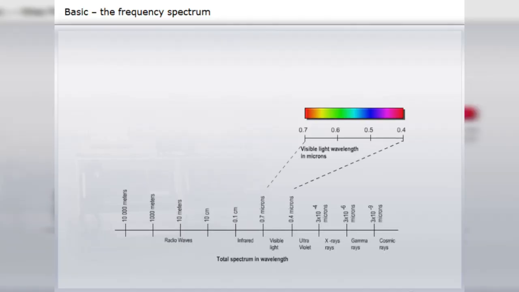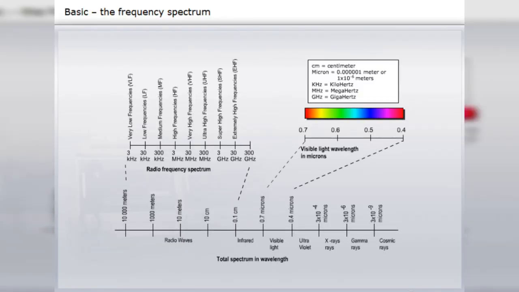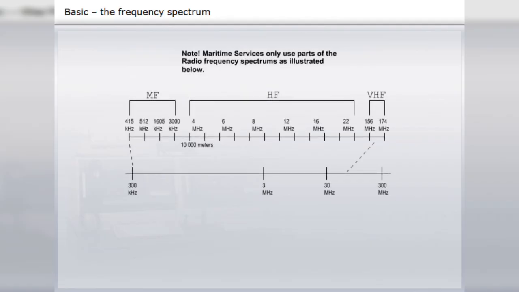The electromagnetic spectrum, as defined by modern science, ranges from extremely long radio waves to ultra-short cosmic rays. These are the most common marine frequencies.